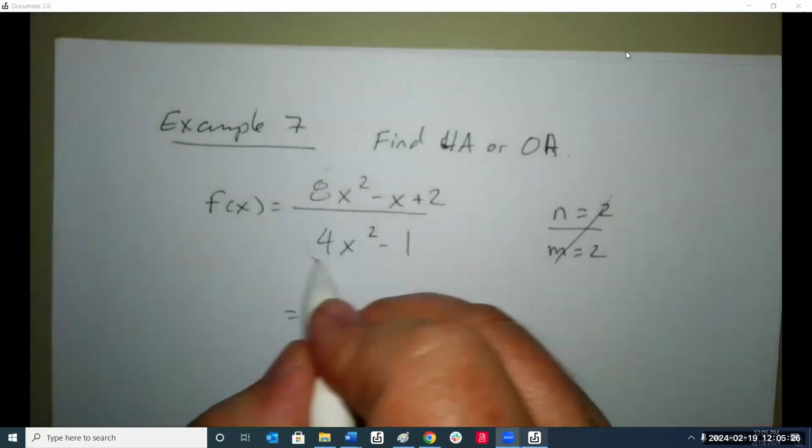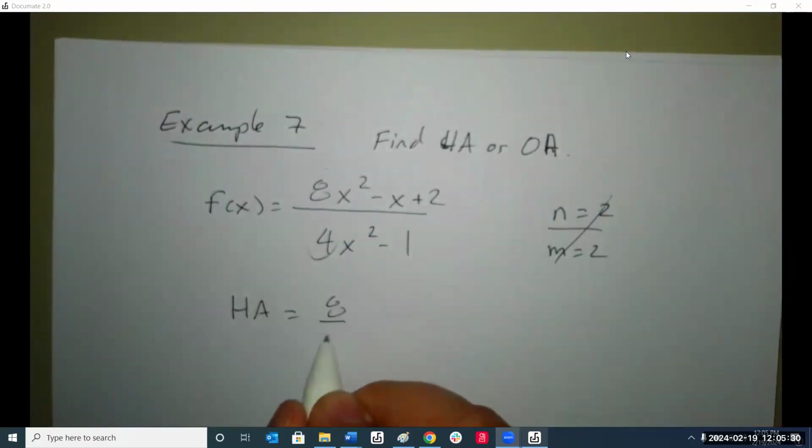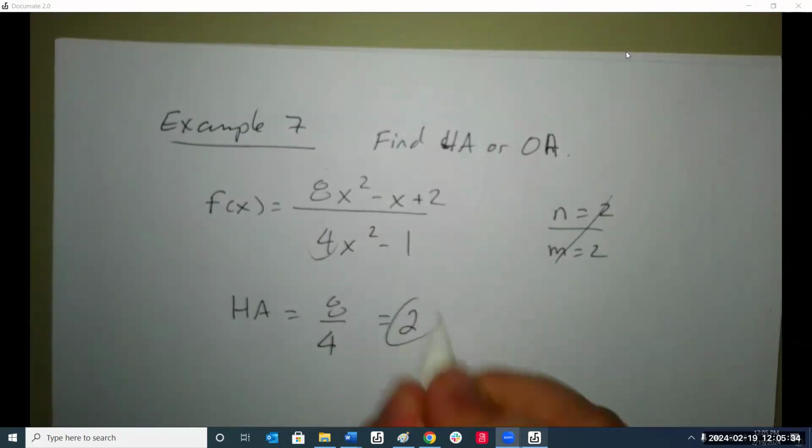It's just the coefficients. It's a horizontal asymptote. So the horizontal asymptote is at 2.